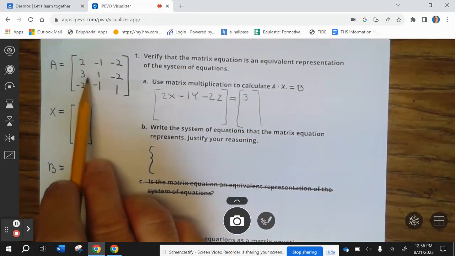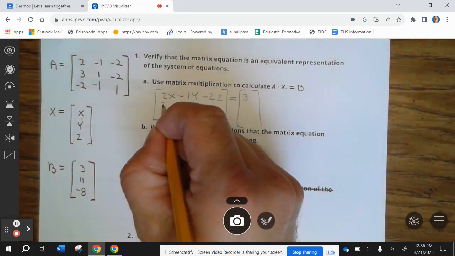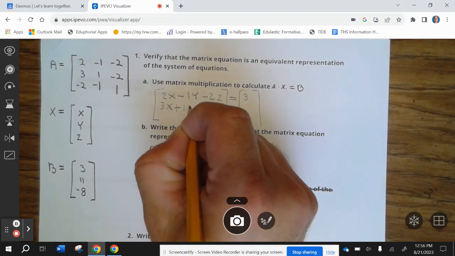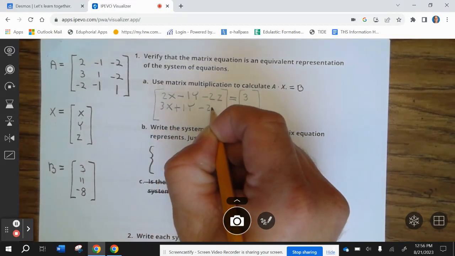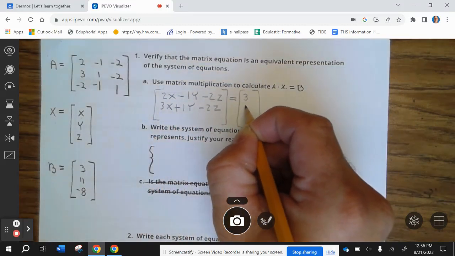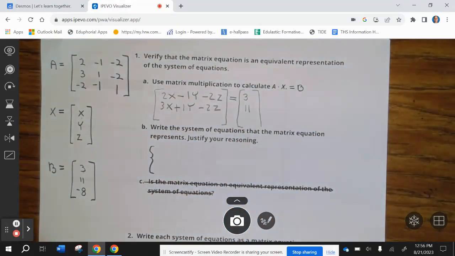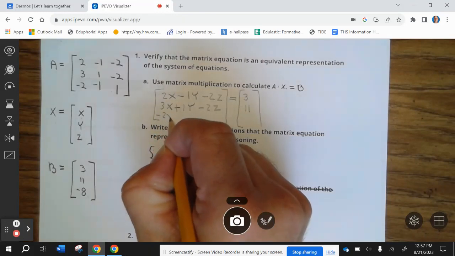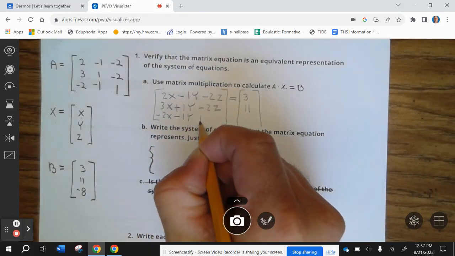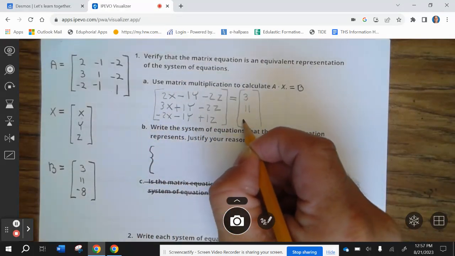Then we multiply this by this, so that becomes 3x plus 1y minus 2z equals 11. And again, this by this equals that. So negative 2x minus 1y plus 1z equals negative 8.